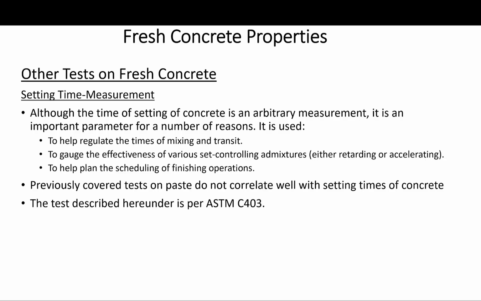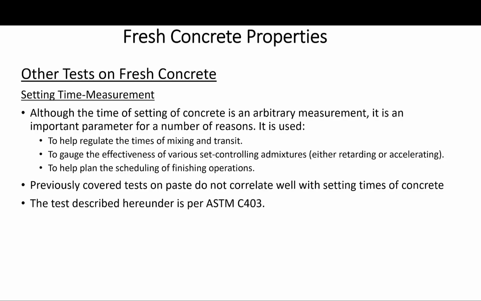As we have seen in a different part of the class previously, there are two tests in use for the setting time of cement. But unfortunately, these tests do not correlate well with the setting time of concrete.